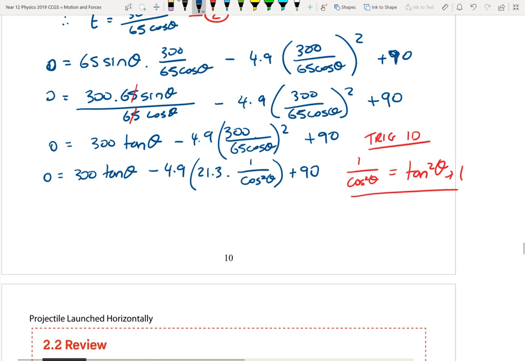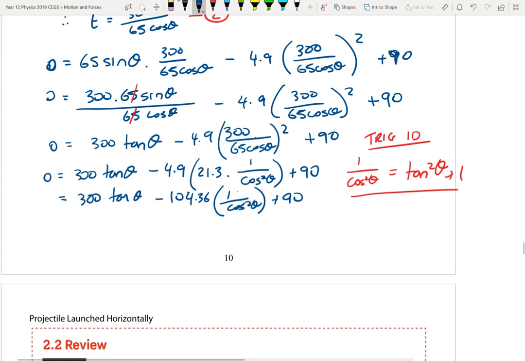And then could you times that 21.3 by minus 4.9, and I believe we get like a 104.36. Thank you. Cool. 300 tan theta minus 104.36 outside of 1 on cos squared theta plus 90.